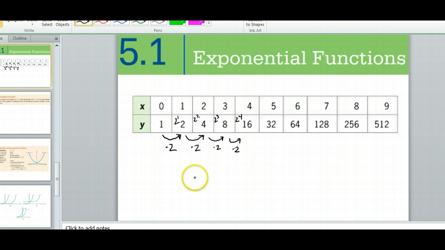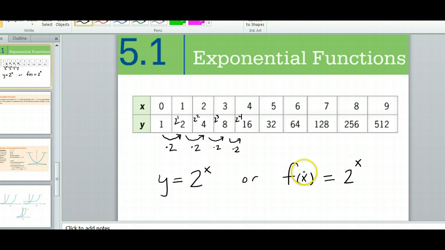So this is the equation, y equals 2 to the x, or in function notation, f of x equals 2 to the x. Meaning that we plug in an input, and the input is now the exponent.